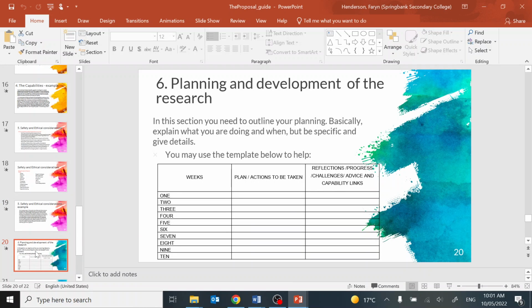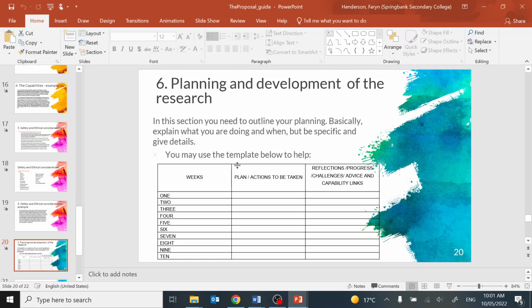And then finally, 6, planning and developing of the research. Now, this is just you going, I'm going to do this. So week 1, I'm going to do this. Week 2, I'm going to do this. Week 3, I'm going to do this. Or you can just do dates. You do not have to use this template, I might point out.